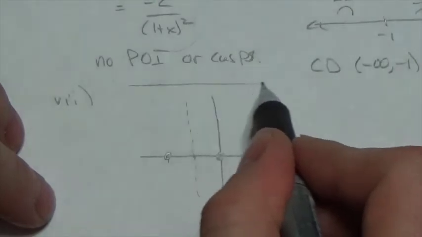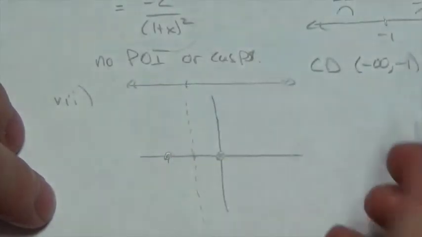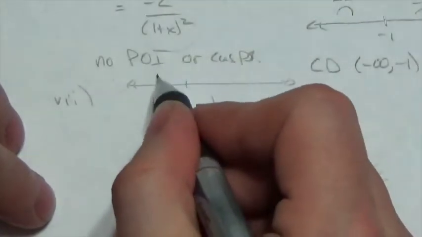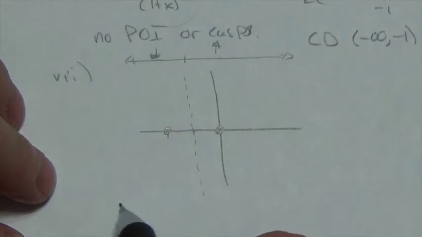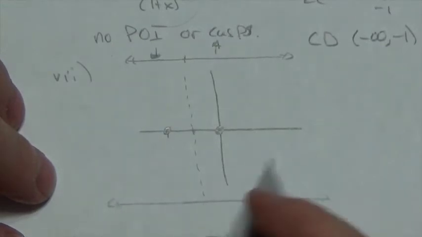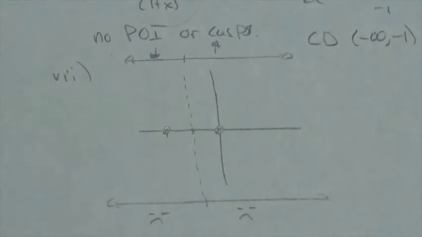So now let's take a quick look at the increasing and decreasing. I know that my increasing and decreasing changes at -1. It's going to be decreasing here, increasing here. And my concavity, if I draw a number line down here, my concavity also only changed at -1, but it didn't change. However, -1 was this natural boundary here. So now think about this.